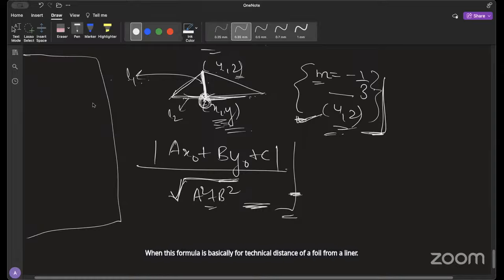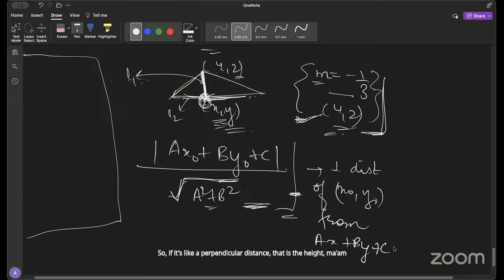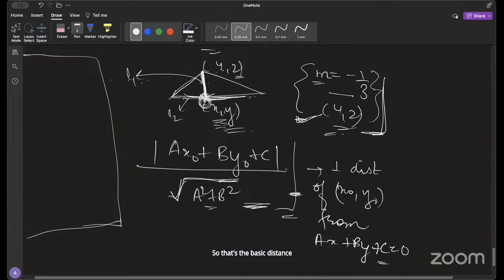The perpendicular distance of x naught, y naught from the line is the height, so for height they use that formula. For the base, they use x1 minus x2 whole square plus y1 minus y2 whole square, the distance formula between two points.